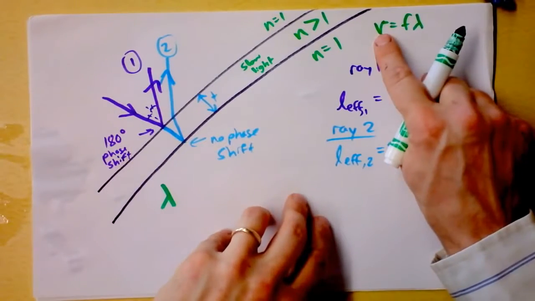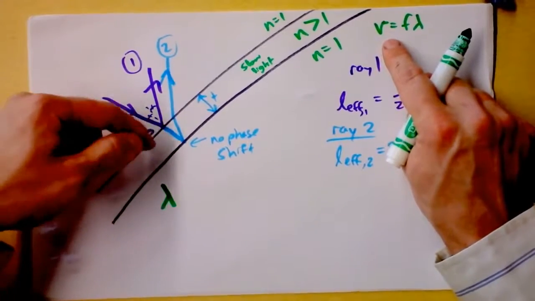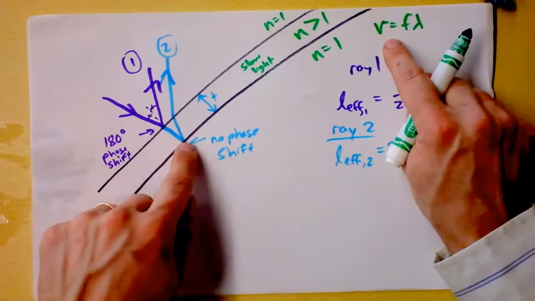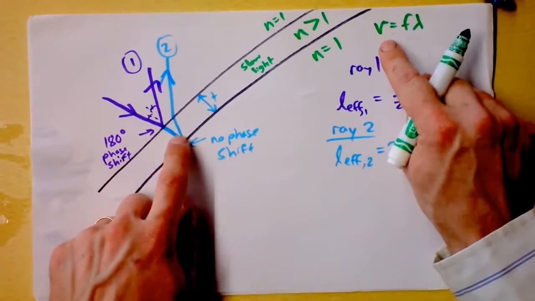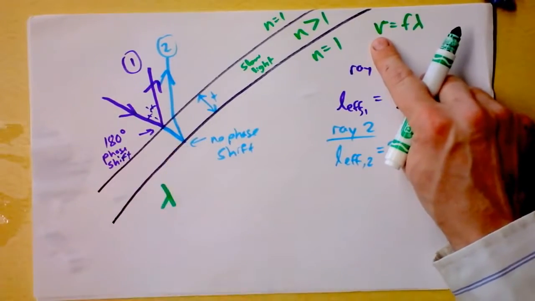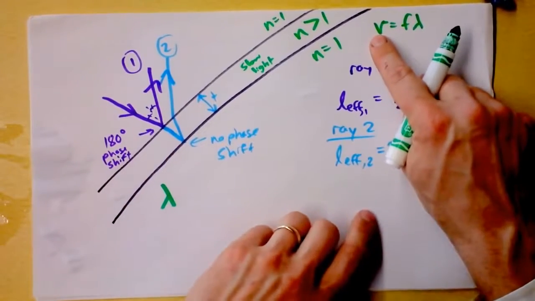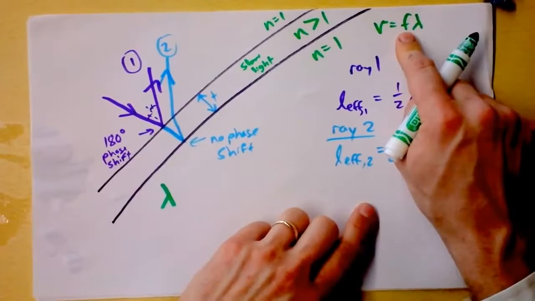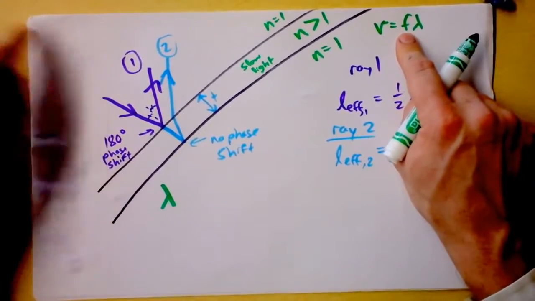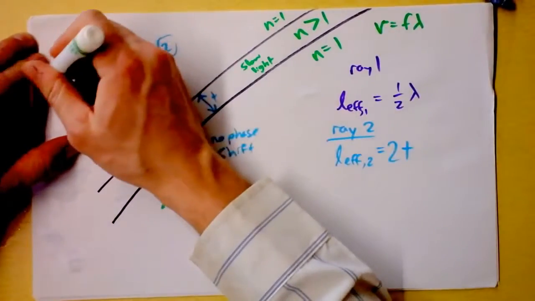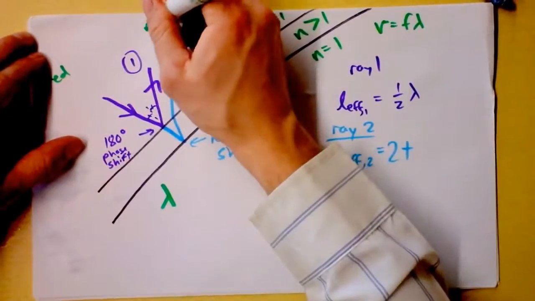Whoa, a shorter wavelength, because the wave is trying to wave, but it's not going as far during that waving, so the wavelength is shorter in a higher index of refraction because the speed is smaller. Frequency stays the same because the frequency is set by the source. So if this is red light coming in, then it will be red light going out.